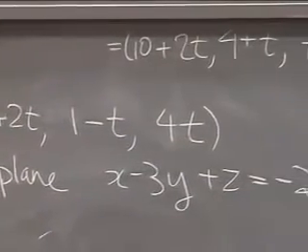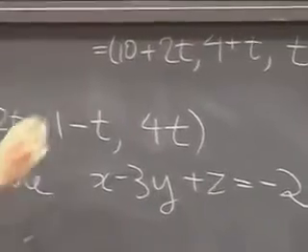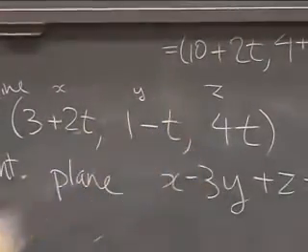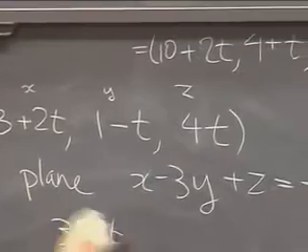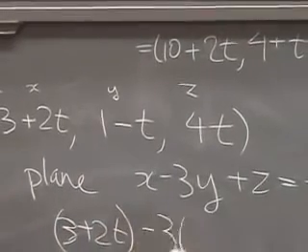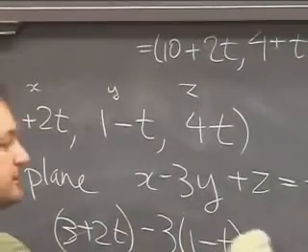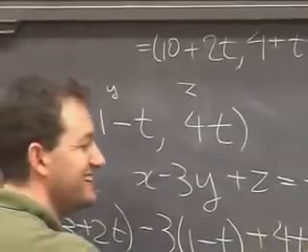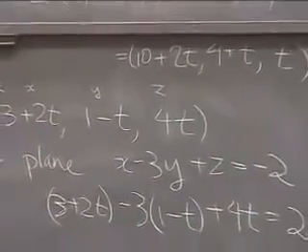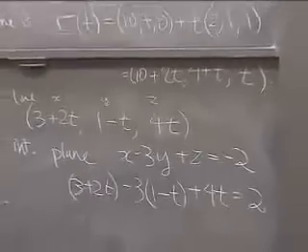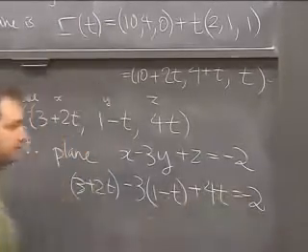Well, this is x, this is y, this is z, so you just plug it in. You get 3 plus 2t, that's the x, minus 3 lots of y, 1 minus t, plus z, 4t equals 2. And now we should be able to solve for t. Oh, did I make a mistake? Oh, negative 2, thank you. I did make a mistake.